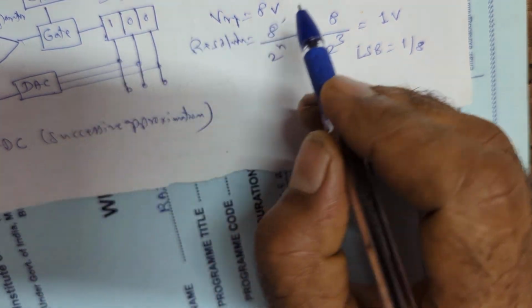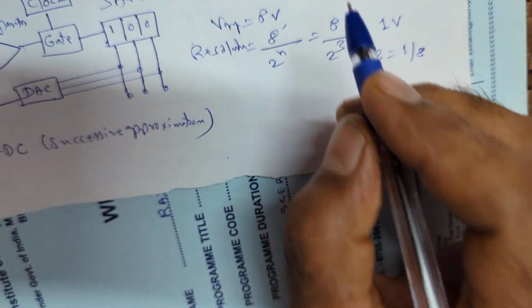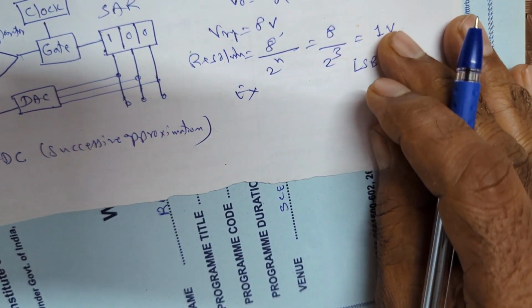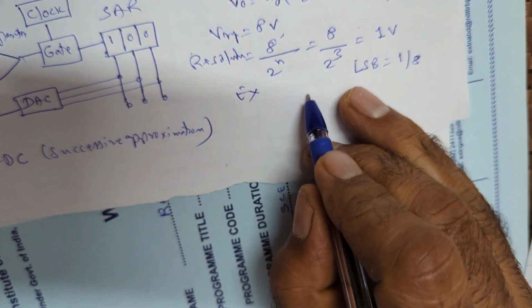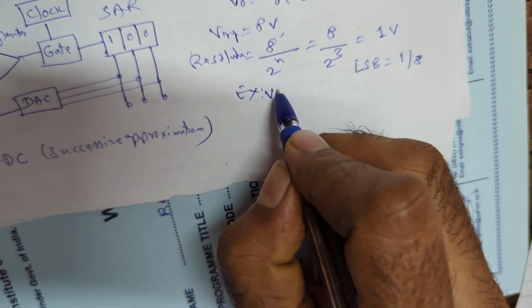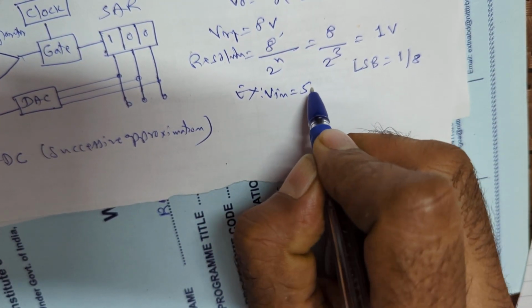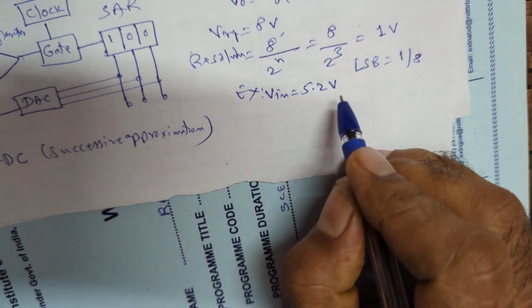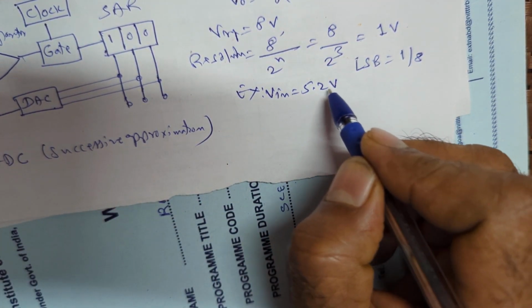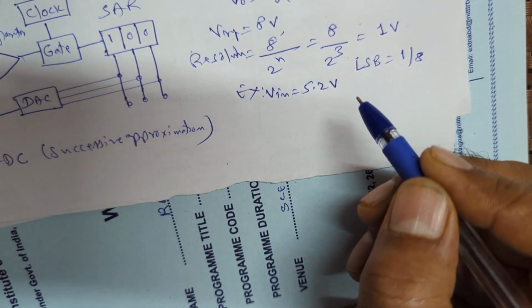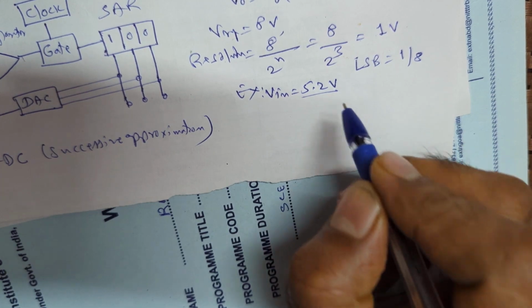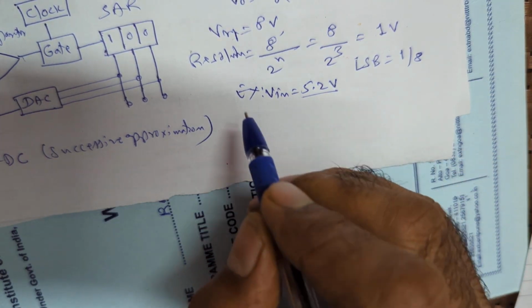We'll understand this by taking an example. Let us say the incoming voltage signal is 5.2. I have given the same value in the notes also, so there is no confusion. You can take any signal and compare.